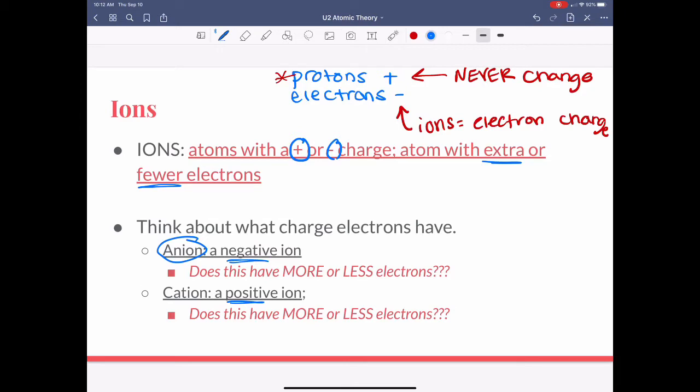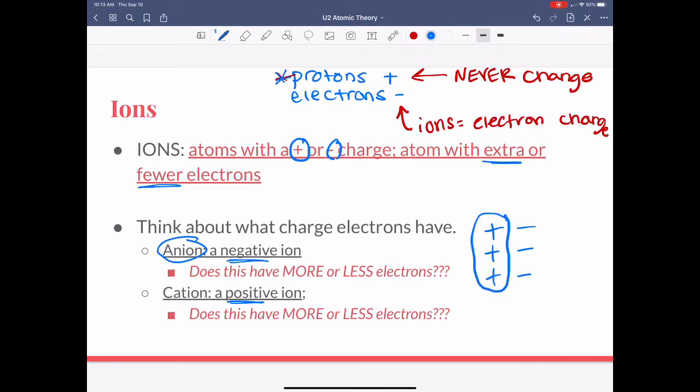If protons can never change, what does that mean about my electrons in order to make something negative? If I have, for instance, 3 protons and 3 electrons, right now it's neutral. But if I wanted to make this negative, I cannot change my protons.